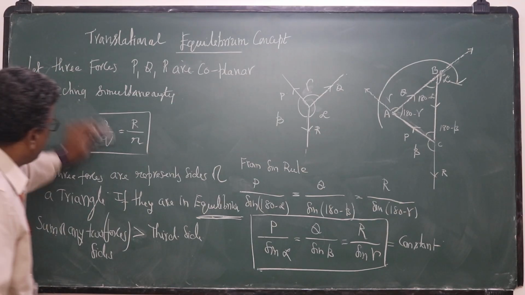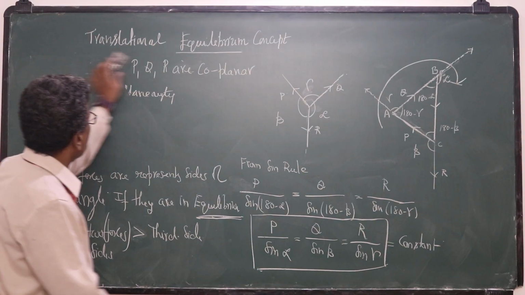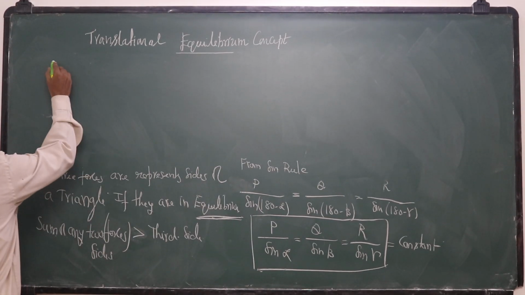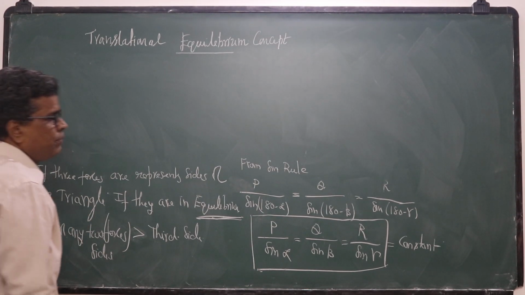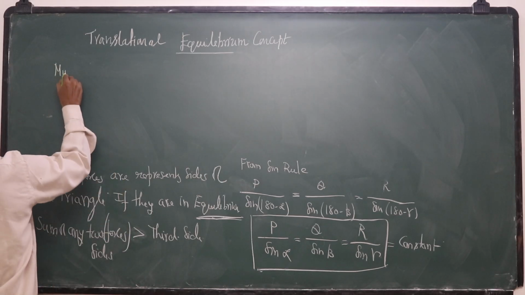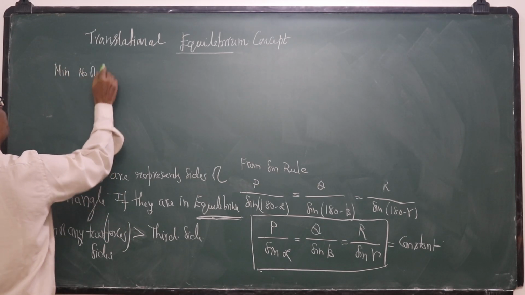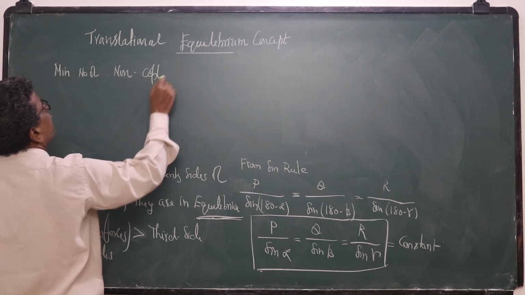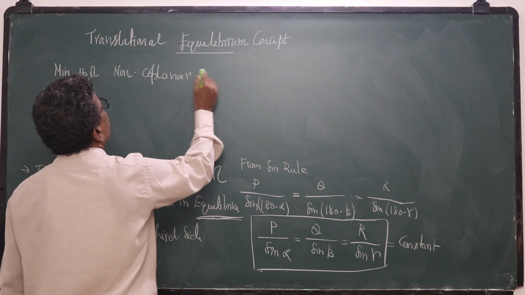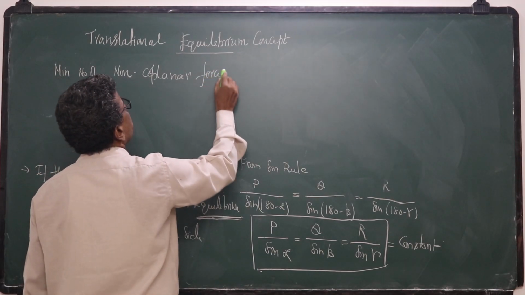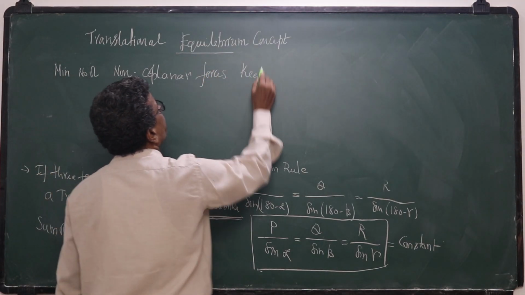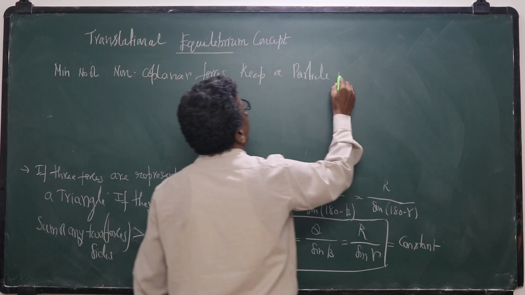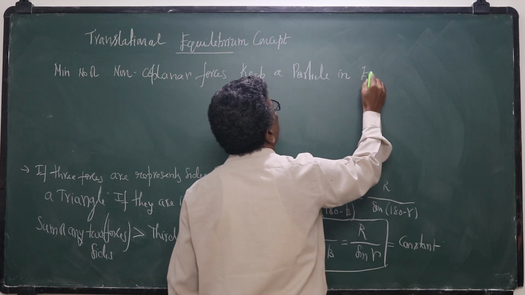Suppose there are four forces. What is the minimum number of forces to keep a particle in equilibrium?